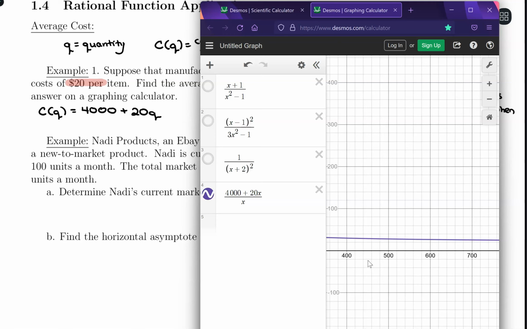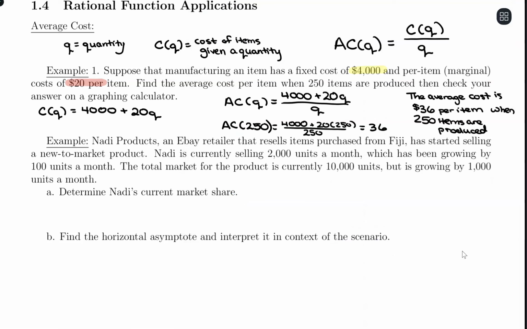If that 4,000 fixed cost and this $20 per item stays true, no matter the quantity that we're producing, then that's what's going to happen in the long run. Realistically, there's probably a separate function for when we would produce things at that scale, but if we were able to maintain those values, that's what would happen.